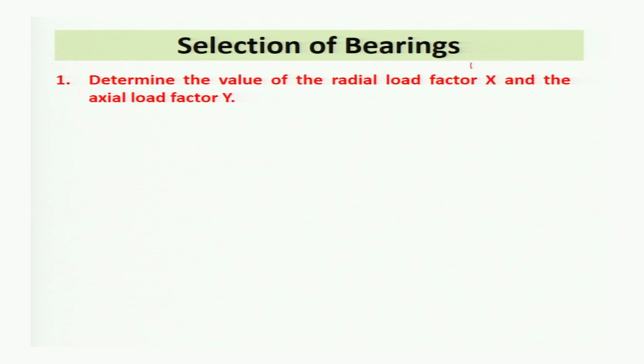Knowing the value of the radial load and the axial load, Fa upon Fr, which will act on the shaft, you will select a trial bearing. For the trial bearing, you will have static load capacity C0, and so you will have a value Fa upon C0, and that will give you the value of e and X and Y.